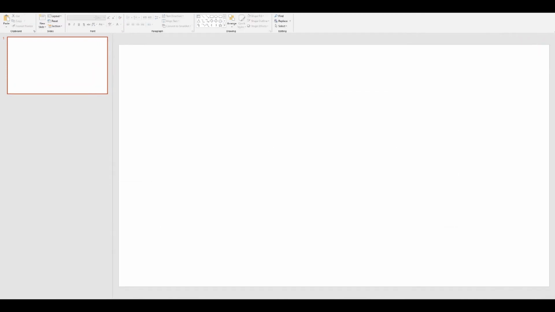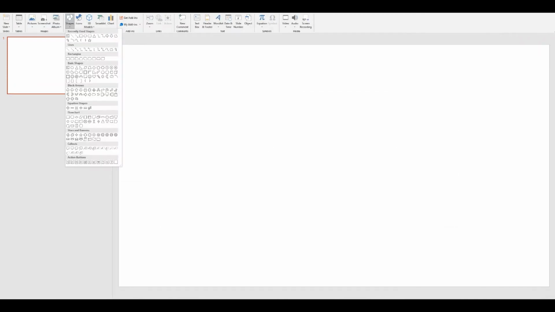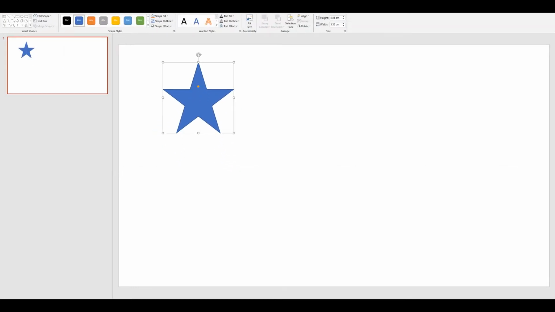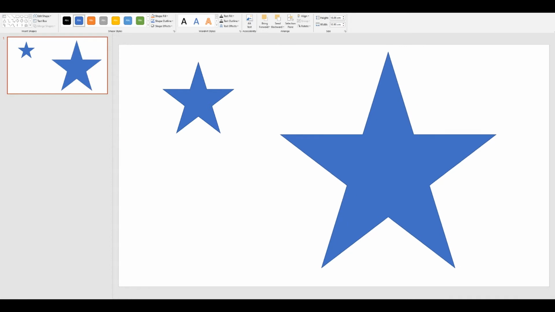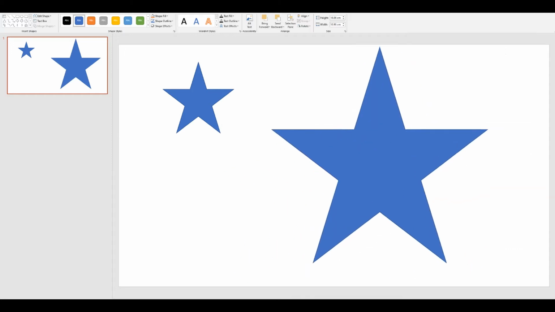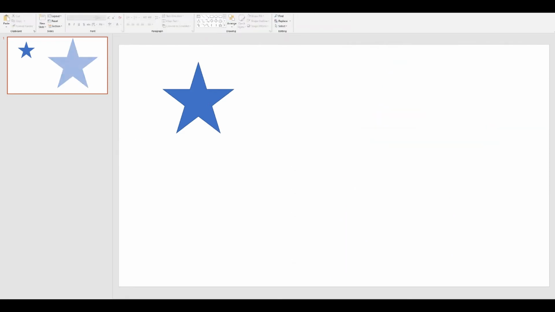So for example, if I have a shape here, say this star shape, I call that shape A. If I make the star shape bigger but keep it in proportion, that is an enlargement by a scale factor which is clearly bigger than 1, although the direction might make it a negative scale factor.